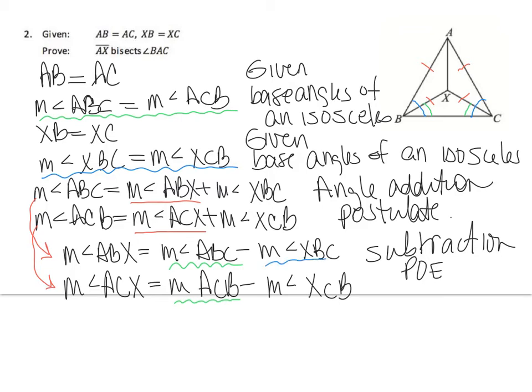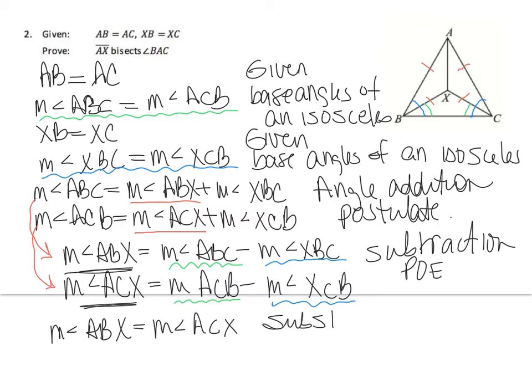So those are all equal to each other. We can actually say that these two are equal to each other. Measure of angle ABX is equal to the measure of angle ACX because of substitution.